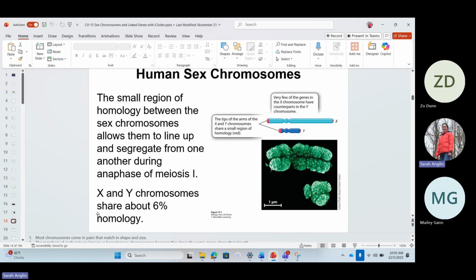There is 6% homology between the X and Y chromosome, a little bit on both tips, and that allows them to align properly and then separate properly during anaphase of meiosis 1. All right, that's very important. So even though they're very different, this 6% homology does allow them to pair and align.